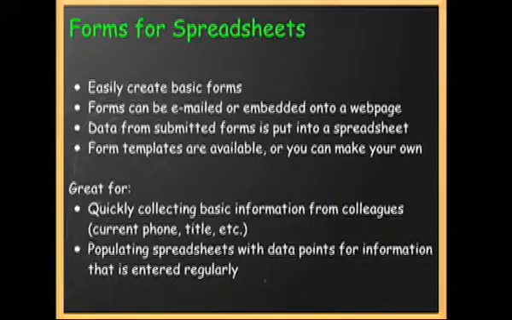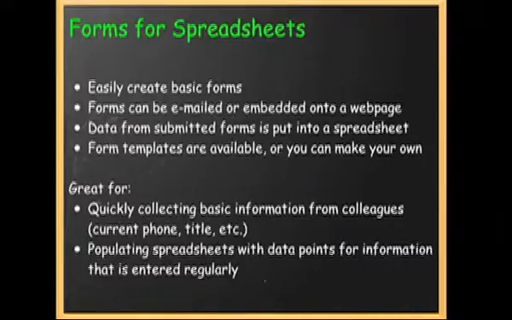They do have templates available. You can also make your own forms. It gives you an option of about 6 or 7 different types of questions that you can ask: multiple choice, pick one, long paragraph, short text answer, that kind of thing.